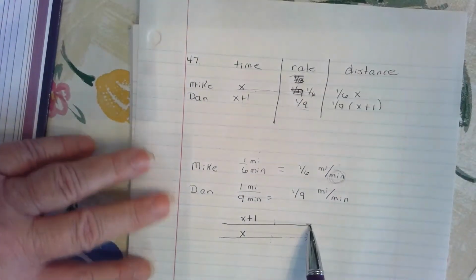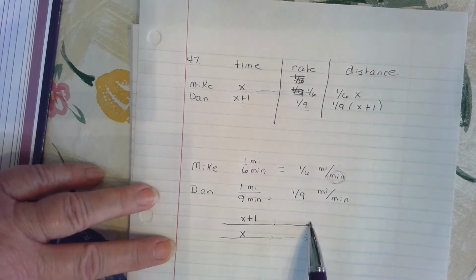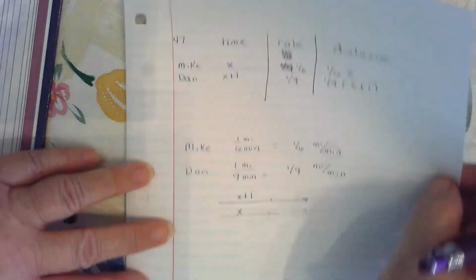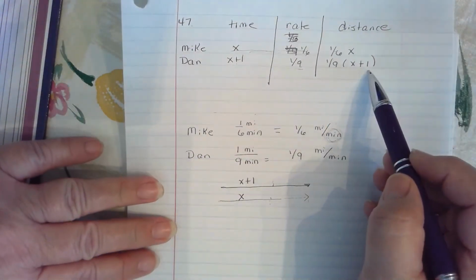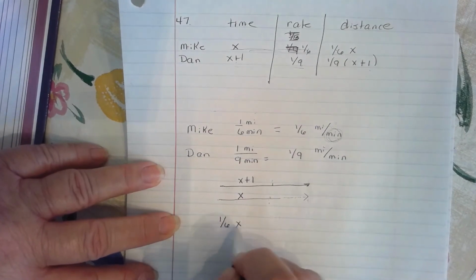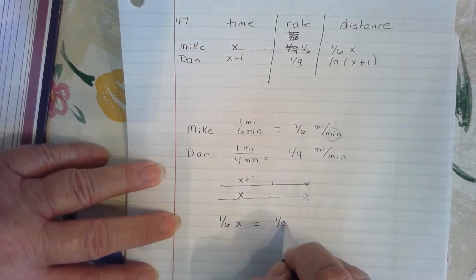Because Dan runs and Mike catches up with him, they travel the same amount of distance. So I'm going to take those two distances from my chart and make an equation showing that they are equal.